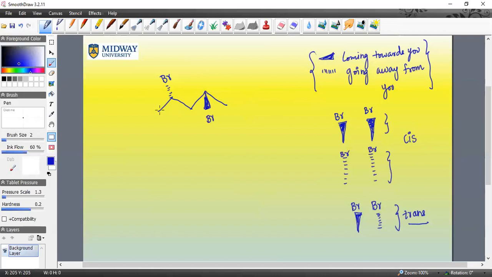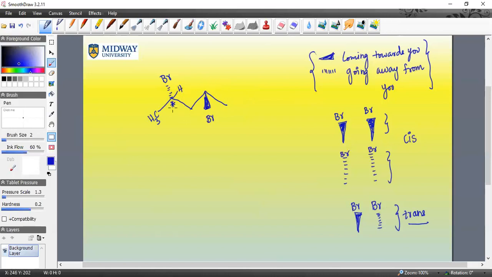Now, if you notice, this is a chiral carbon, right? Because this contains a methyl, and then it contains this Br, it also contains a hydrogen, and then it contains this whole group.